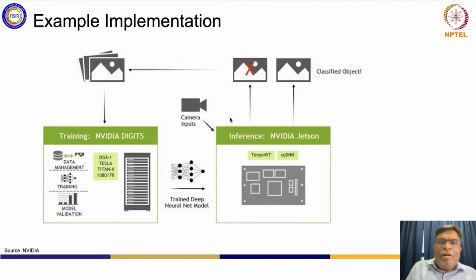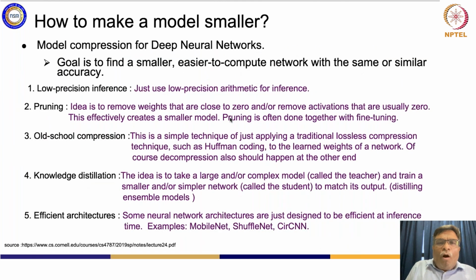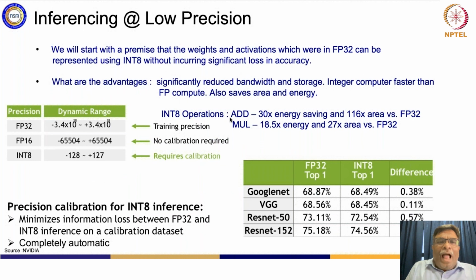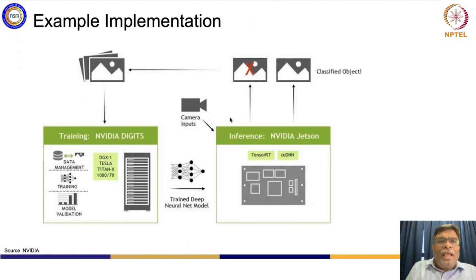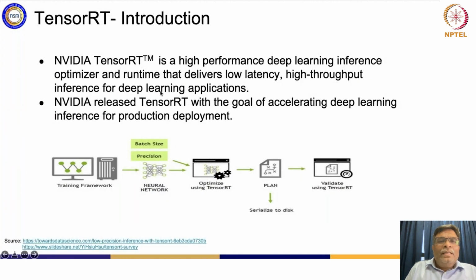So whatever we were talking about all of this is taken care of by TensorRT. So the goal is that we would be accelerating deep learning inference for production deployment. Now, what does it mean?